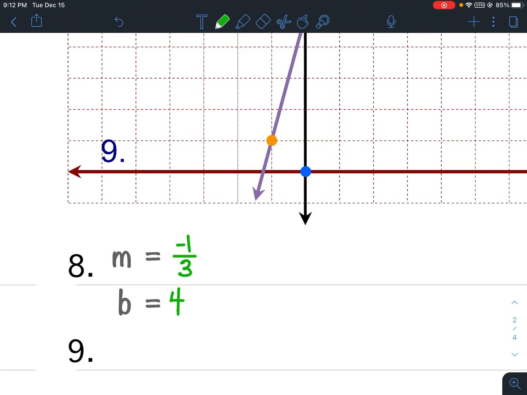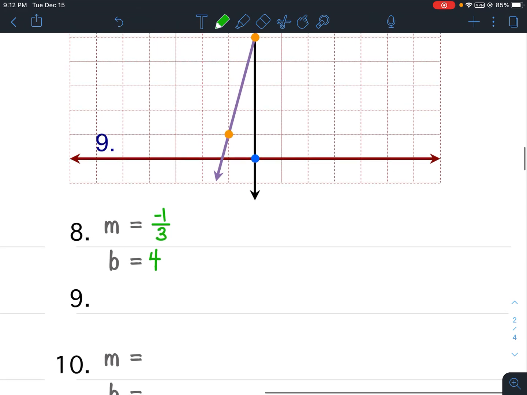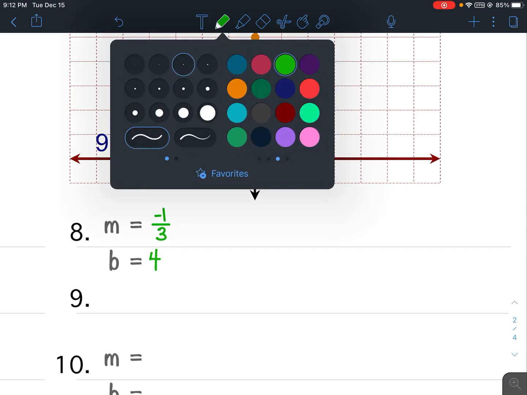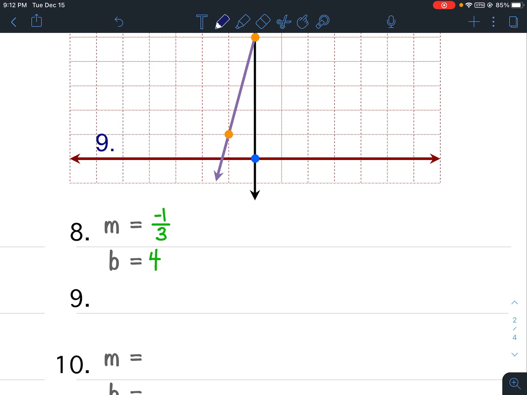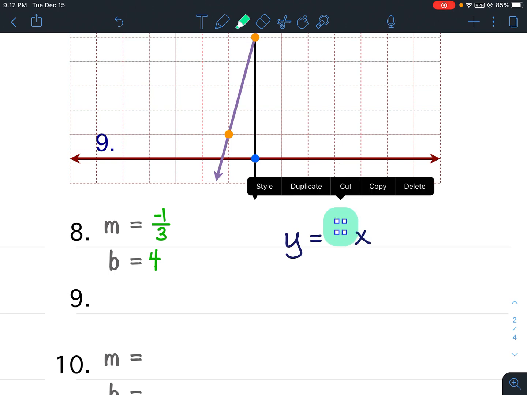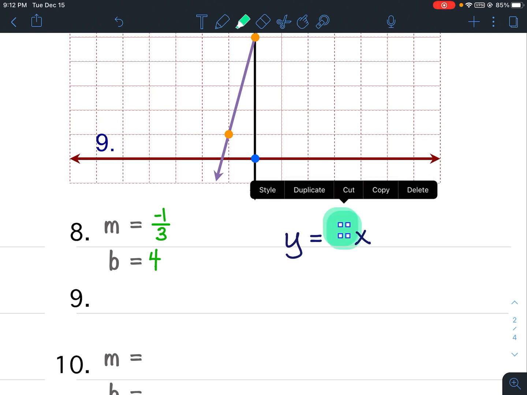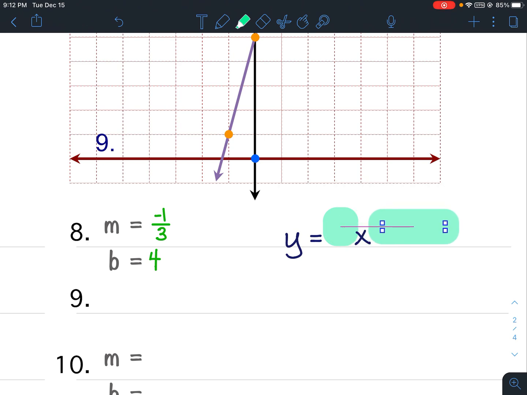All right. So now it is your job to write the equation. You'll put a number in front of x, and then you will put something behind x.